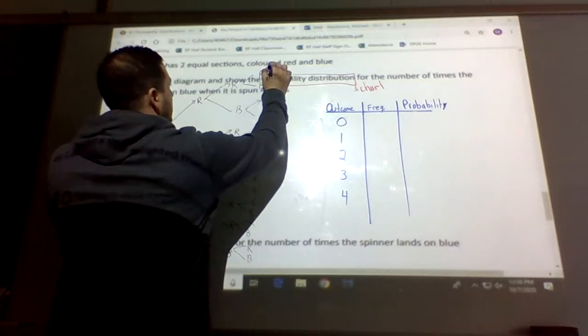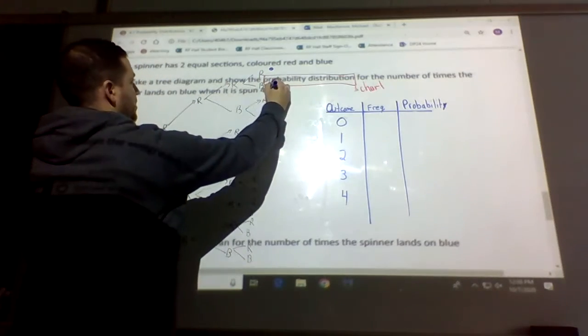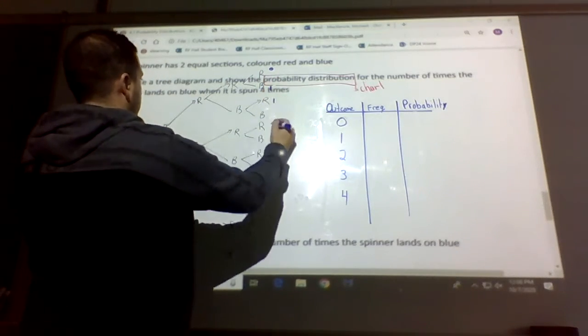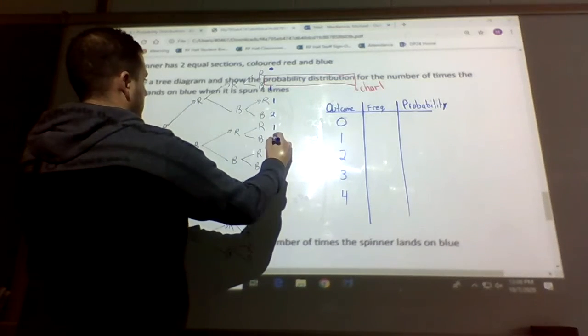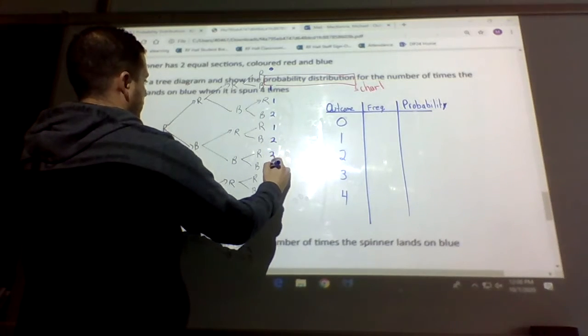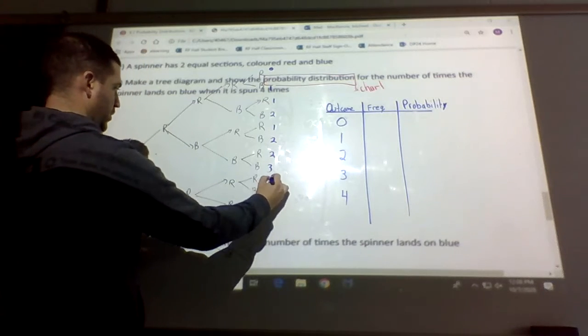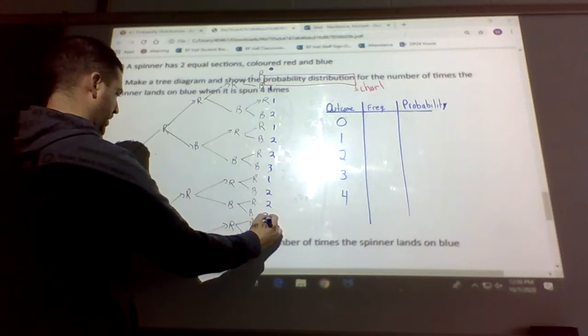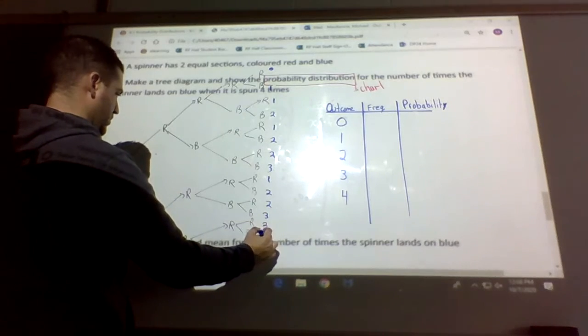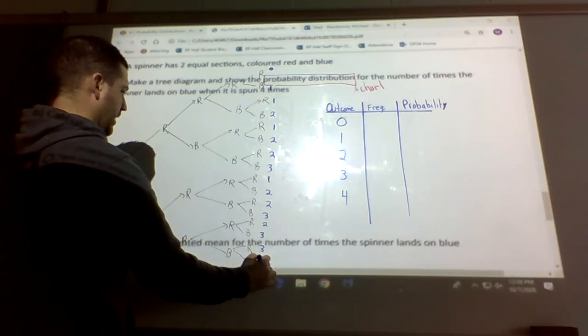So this one has 0. This one has 1 blue. Then 1, 2, 1, 2, 2, 3, 1, 2, 2, 3, 2, 3, 3, and 4.